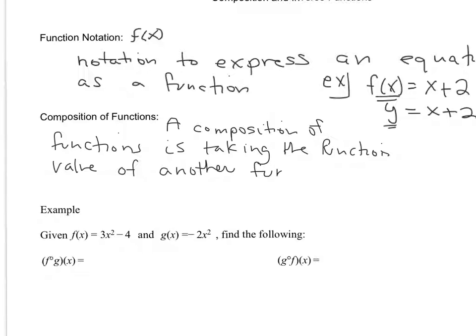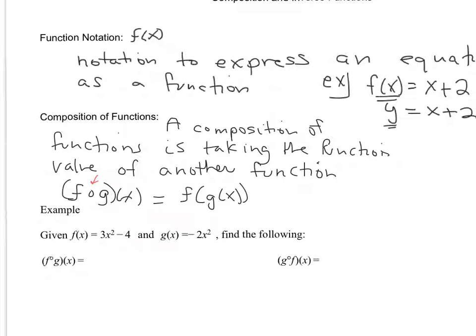So if we think of our functions as f of x and g of x, then we can think of the composition f composed g. So this little open circle is kind of our representation of composition. F composed with g is really the same as f of g of x.